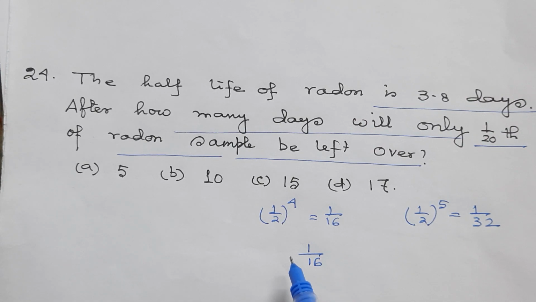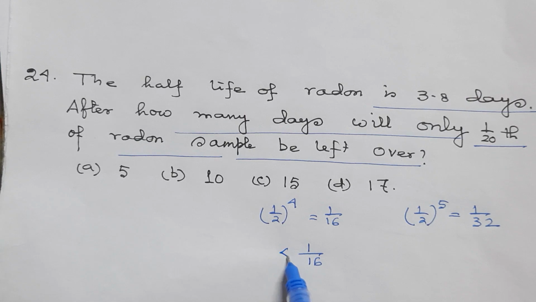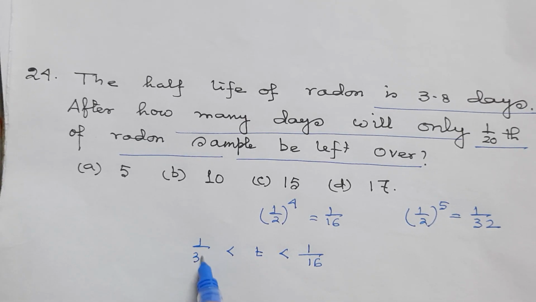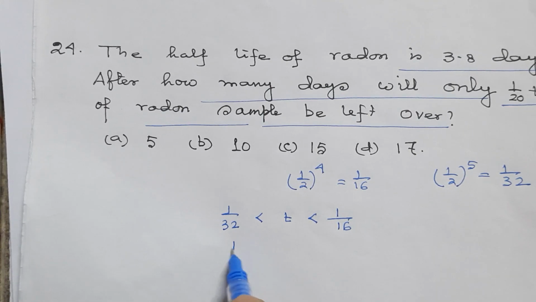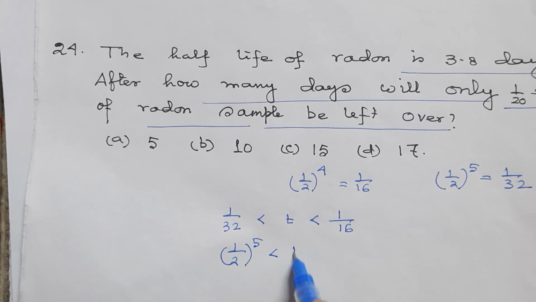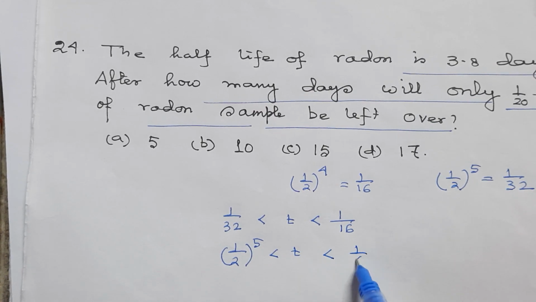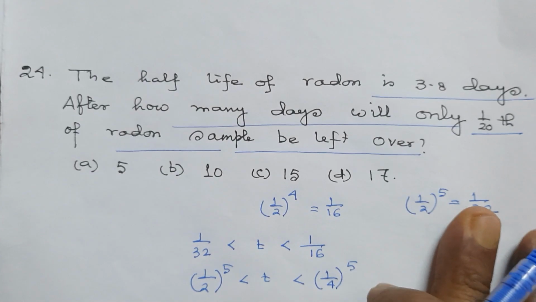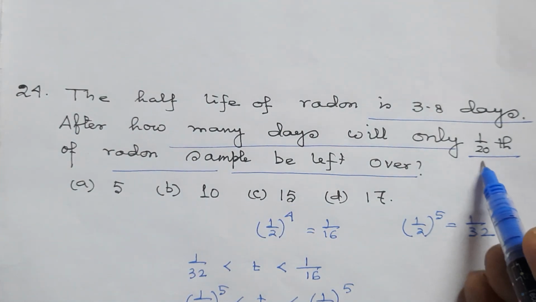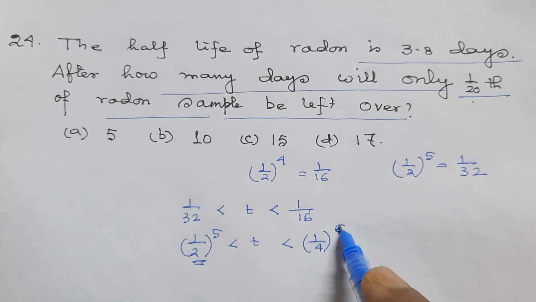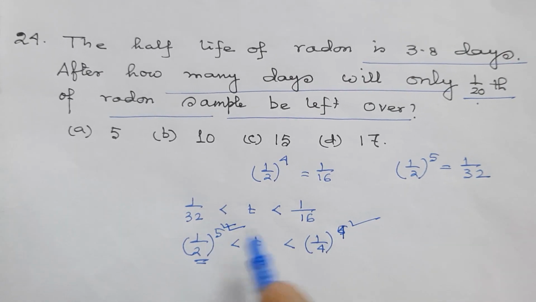1/16 is greater than 1/20, and 1/20 is greater than 1/32. So half to the power 5 is less than 1/20, which is less than half to the power 4. So our given fraction, 1/20th, is in between 4 and 5 half-lives.